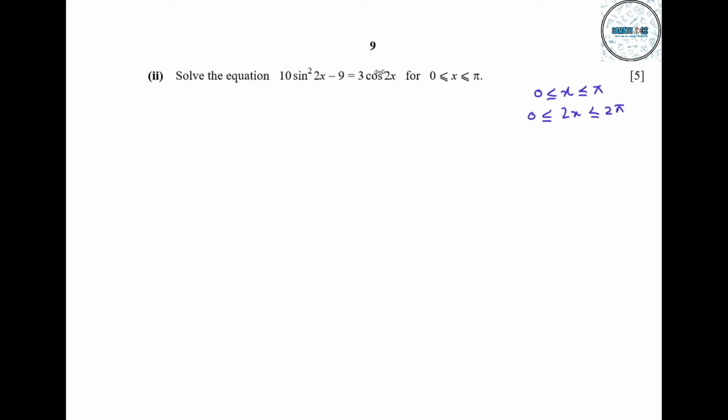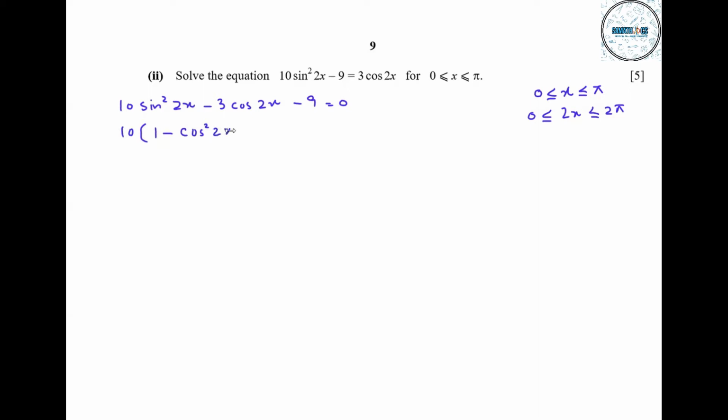First of all, we will take 3 cos 2x on this side. So this will become 10 sine square 2x minus 3 cos 2x minus 9 is equal to 0. Now we have here cos 2x and we have here sine square 2x. So we need to change this to cos square 2x. Then we will have an equation in cos. So 10 into sine square 2x, where sine square 2x is equal to 1 minus cos square 2x.